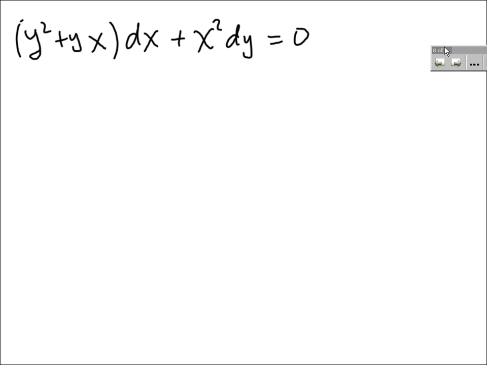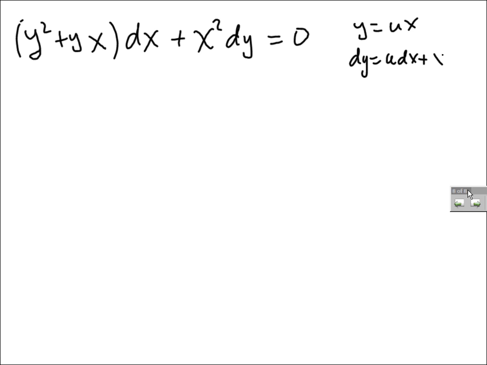So how about I use the substitution that y is ux, which means dy is u dx plus x du. And u, dividing both sides by x, u is y over x. I use that statement at the end.